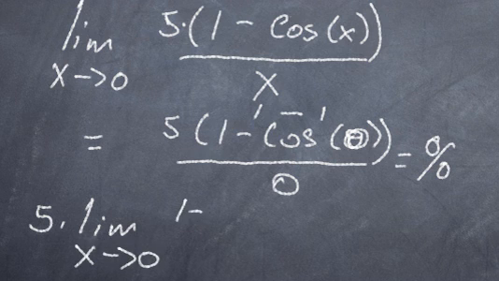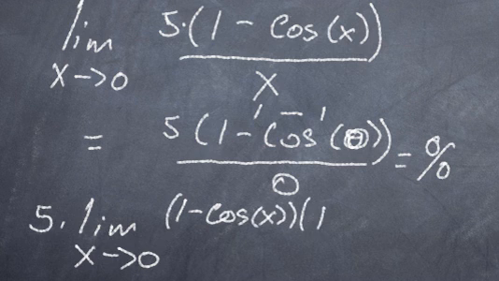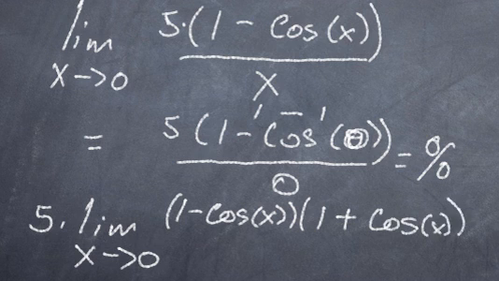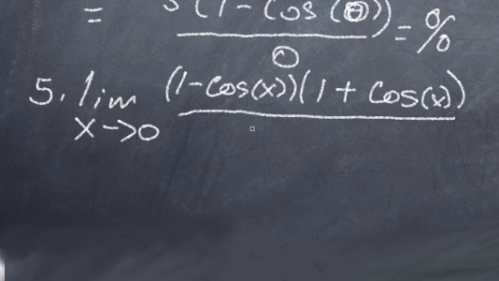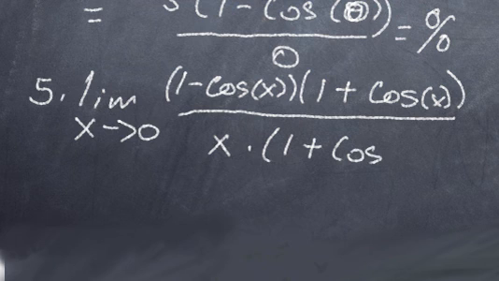So I have 1 minus cosine x, and I'm going to multiply that by 1 plus cosine x, over x times 1 plus cosine x.